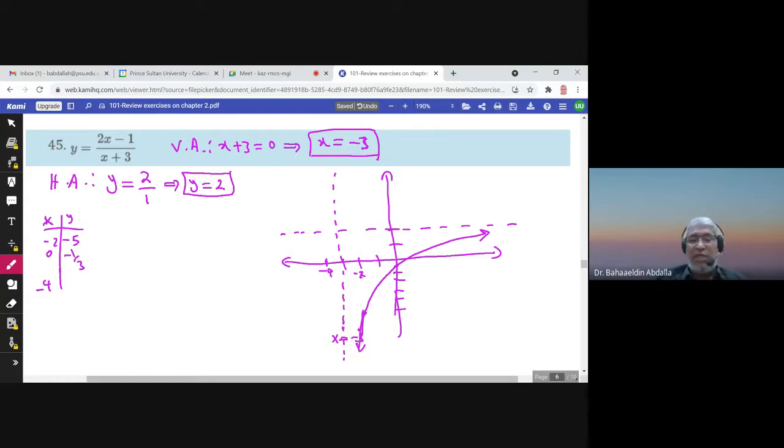So the answer is 9. So at -4 it is 9. It's up somewhere here. So this means that the graph is in this region, and of course it must approach the vertical asymptote and the horizontal asymptote. So this would be the graph of this function.